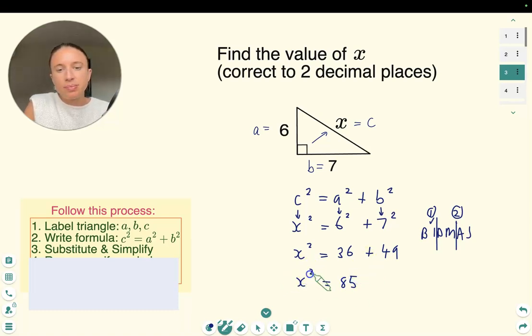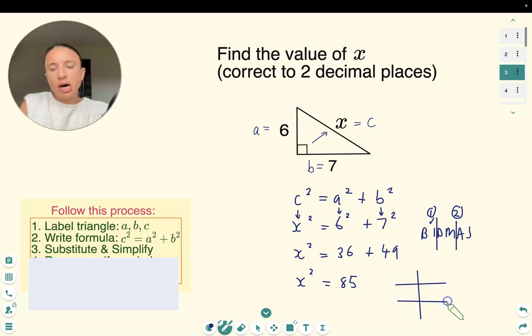But that's x squared. We want x on its own. What's the opposite of squaring something? Let's think about our opposite operations, which we use to undo terms in algebra.